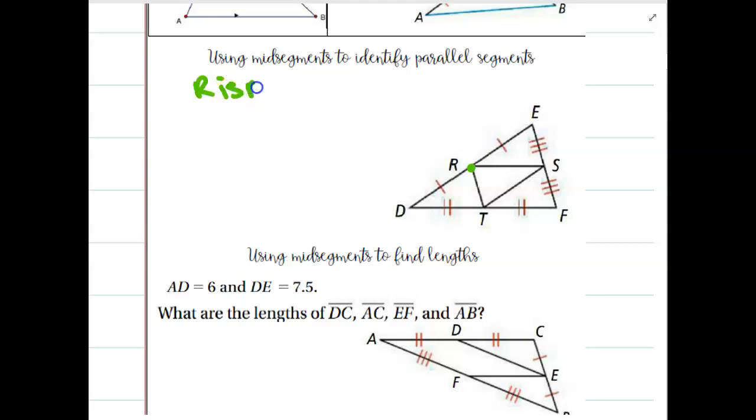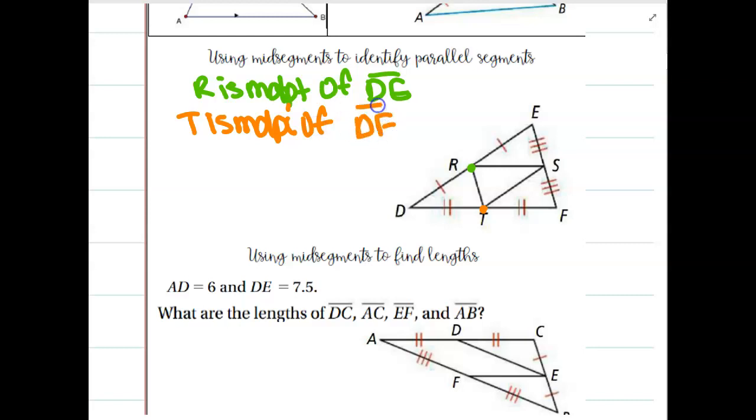R is the midpoint of DE. Now I know that T is the midpoint, because these are both marked with 2. So I know T is the midpoint of DF.